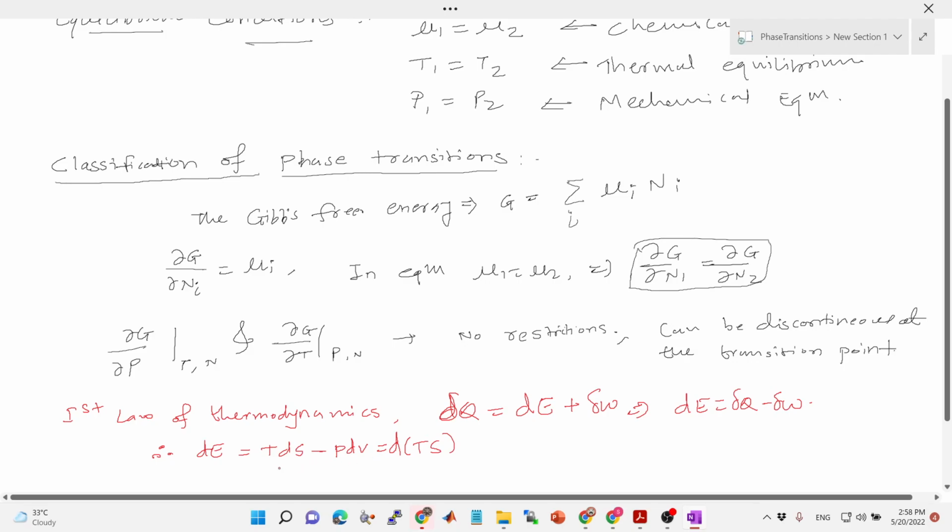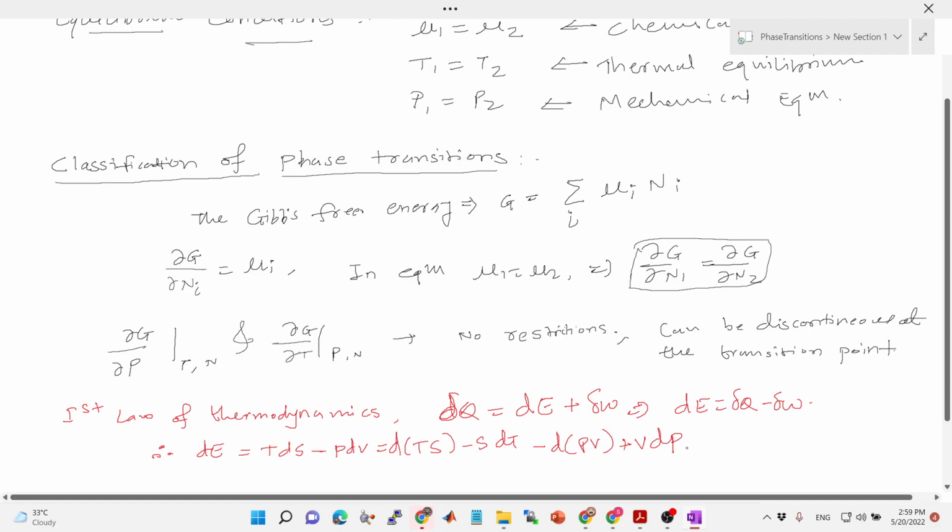But we already have T dS, so that term will be cancelled and we will have only S dT. Similarly, we will do it for the derivative of the product of pressure and volume, and here the P dV will be cancelled and we will have V dP.